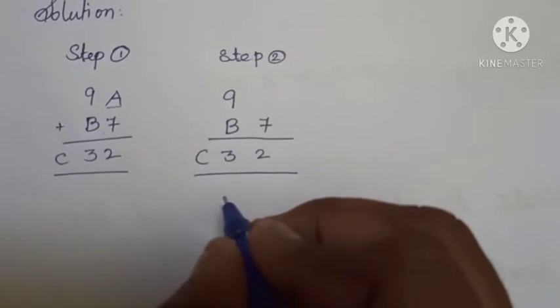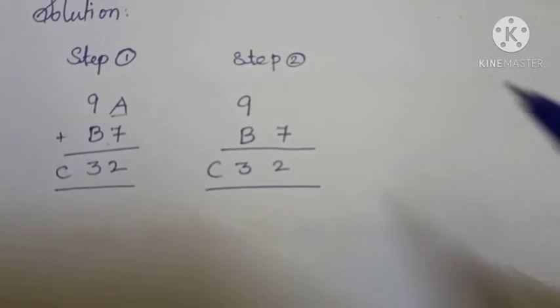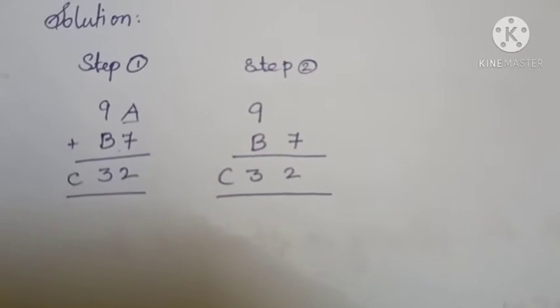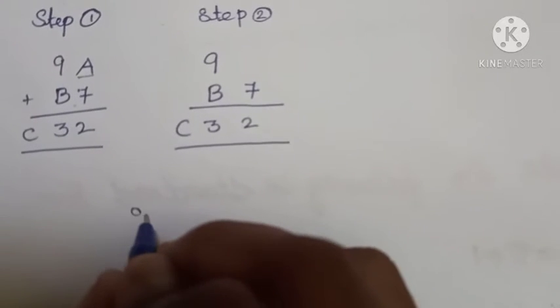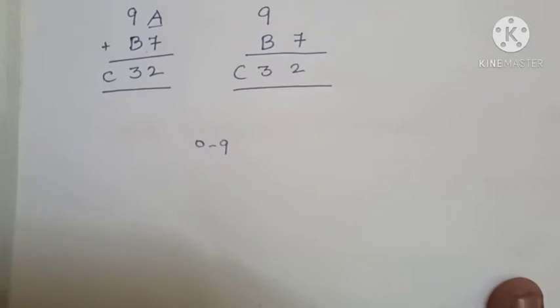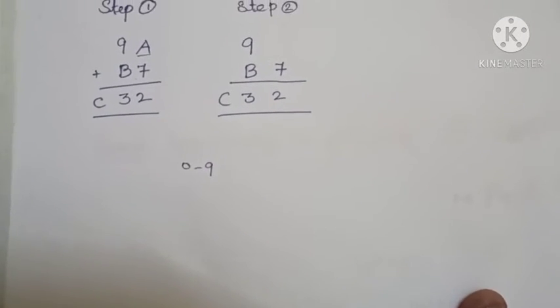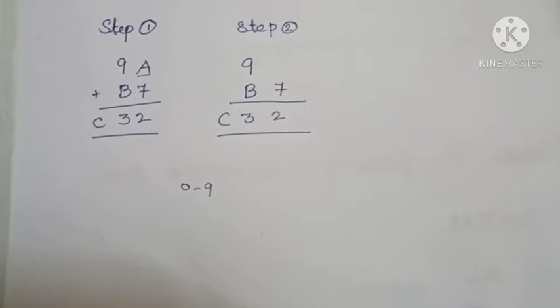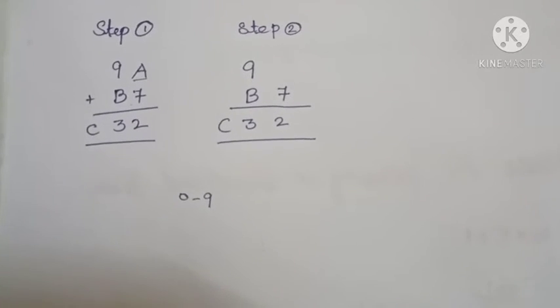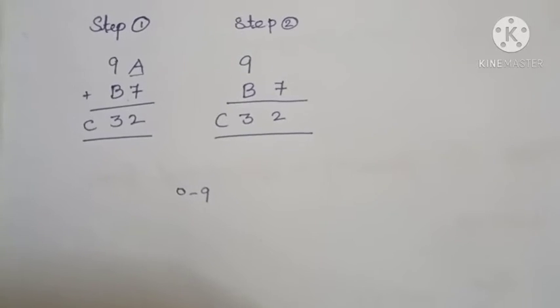Okay, so you know that for any alphanumerals we need to take only a 0 to 9 single digit number, only one digit number, because in ones place, tens place, hundreds place we need to fill only a single digit from 0 to 9.